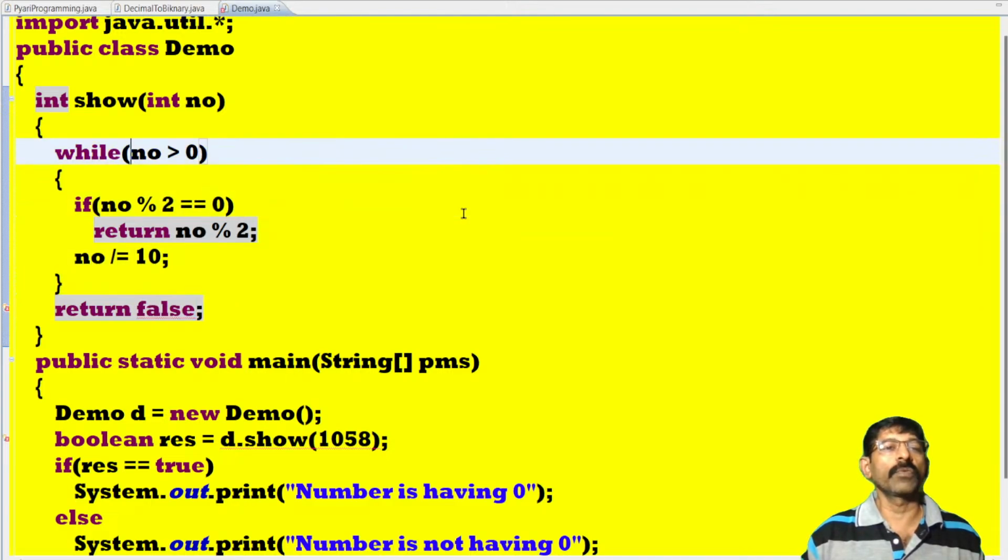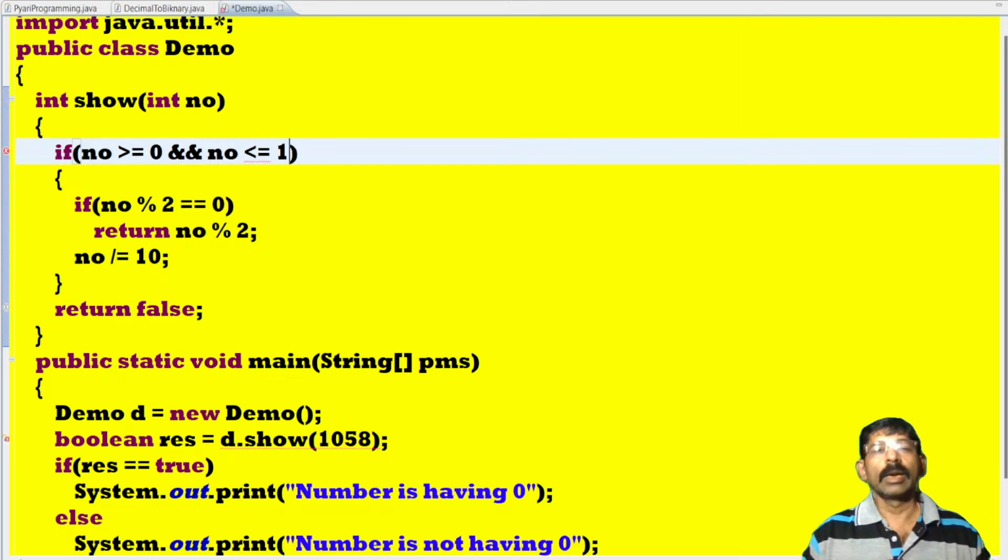So here I am modifying the program. If number is greater than or equal to 0, and number is less than 10, that means single digit.